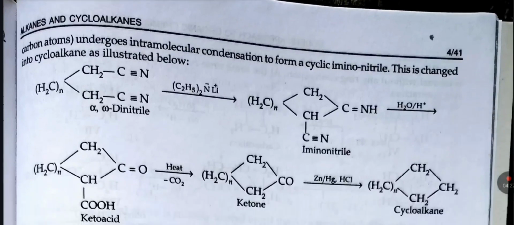Alpha, omega dinitrile in the presence of (C2H5)2N-Li+ will give aminonitrile, which on hydrolysis will give keto acid, which on treatment with heat will give ketone, and this further treated with ZnHg and HCl will give cycloalkane.